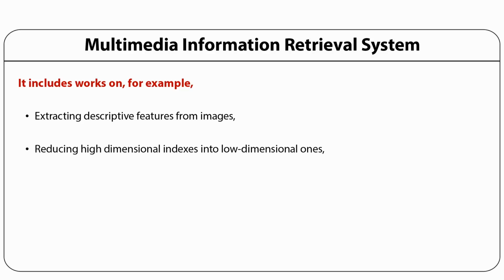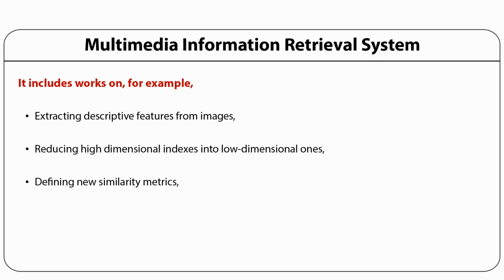Actually, when we build indexes, the size of the index grows because the multimedia content is of high size. The files are of high size. So as the index is prepared, the dimension of the index grows. So some works involve reducing the high dimensional indexes to low dimensional ones.